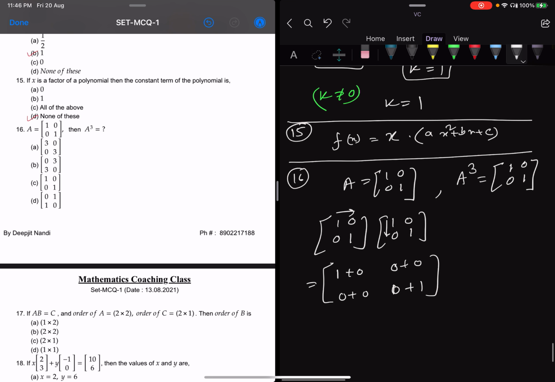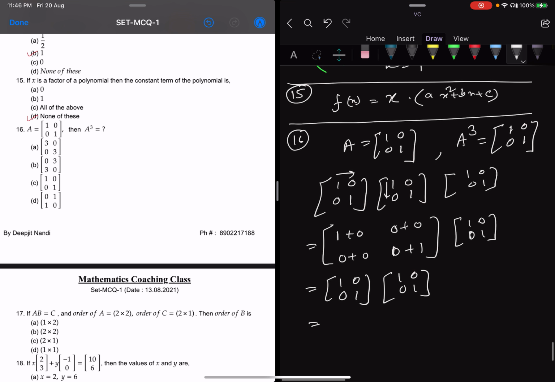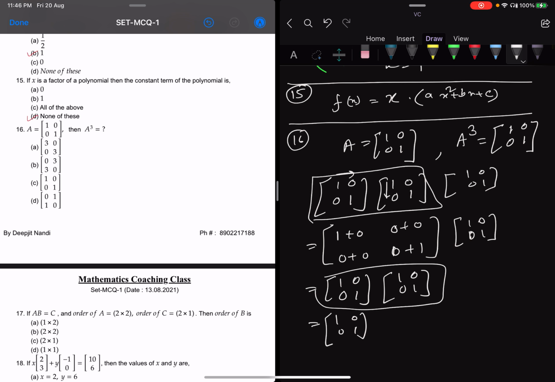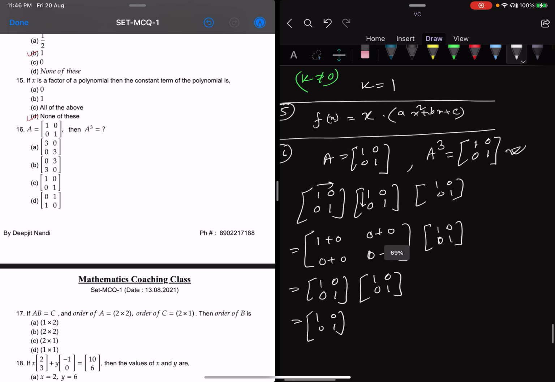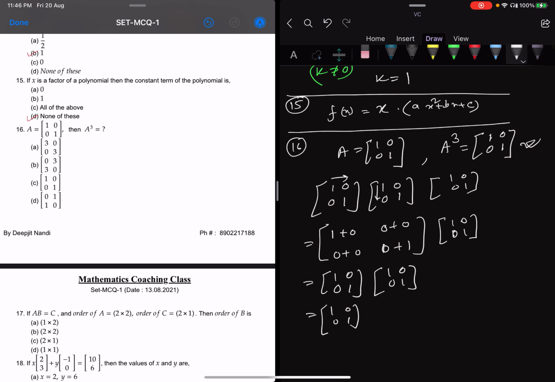That means for two multiplications you get 1001, and if you multiply again with 1001, you will get the similar value. It is 1001, right? Multiplication also occurs like this. So A cube will be 1001. That means the same identity matrix.